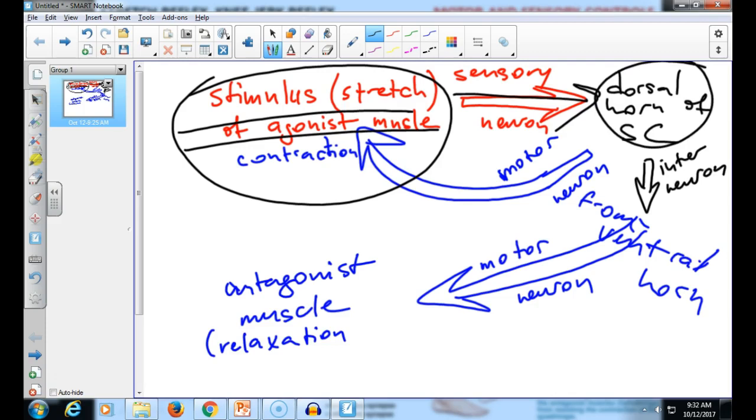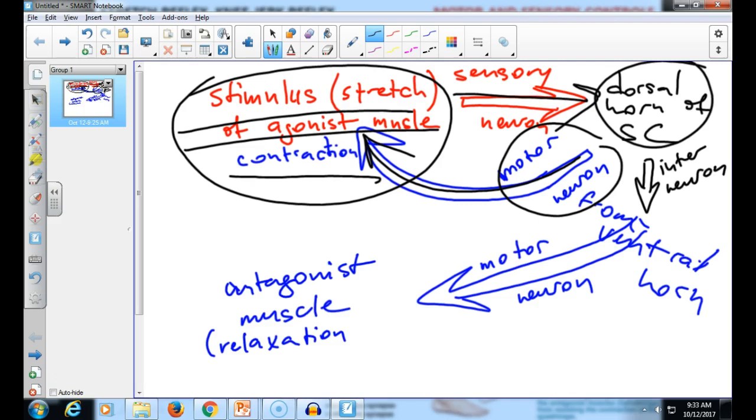From the dorsal horn, it goes through the dorsal horn to the ventral horn. What happens in the ventral horn? Motor output. So one output, direct synapse with motor neuron, which goes to where? Same stretched muscle and does what to it? Contracts it.